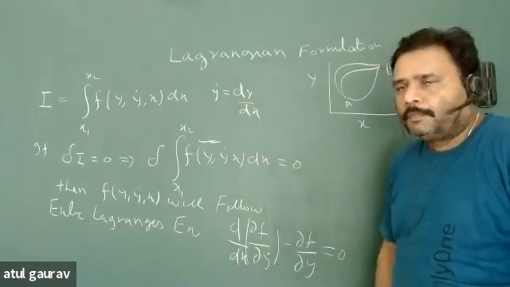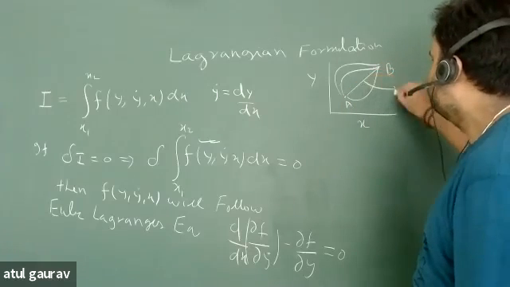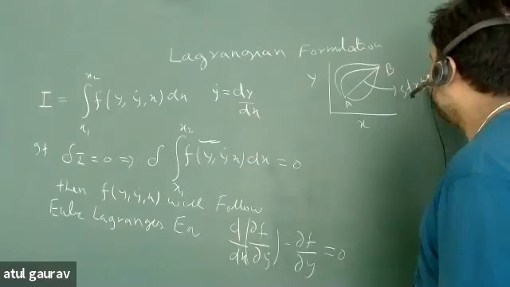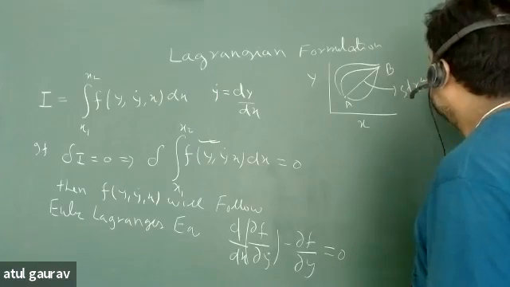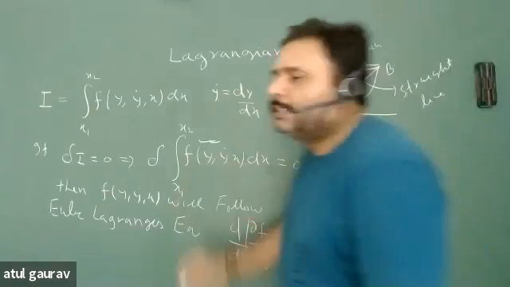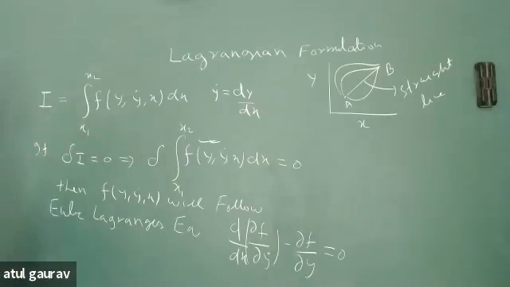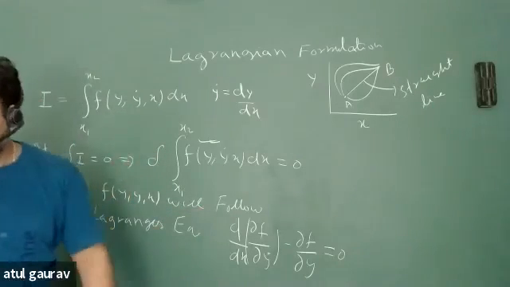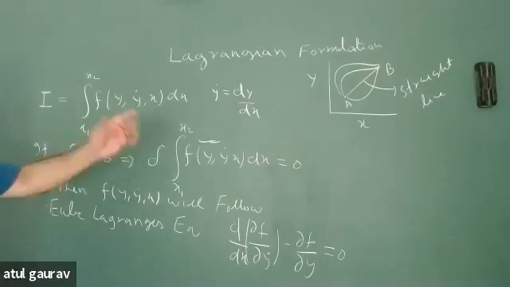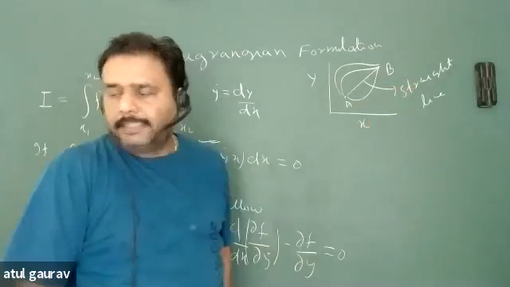But in a plane, the shortest path is given by what? A straight line. So we can prove this, such that you believe in this mathematical formulation. Let's try to prove that the shortest path between 2 points in a plane is a straight line.